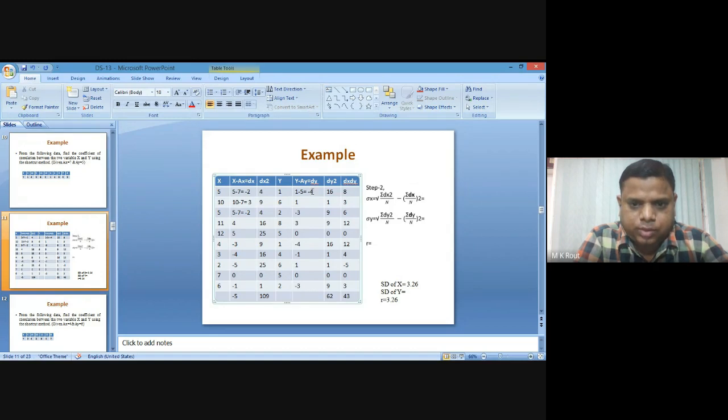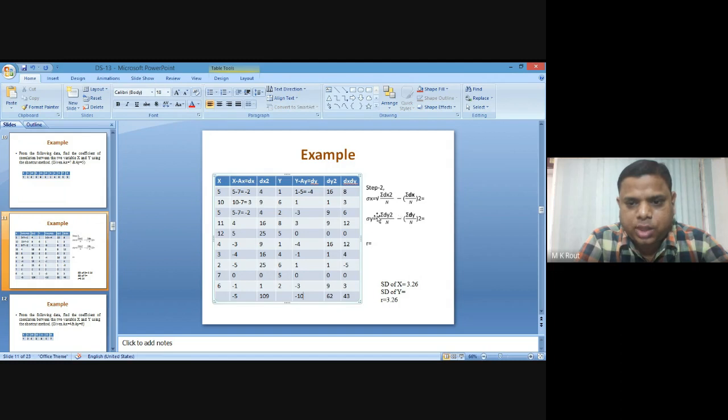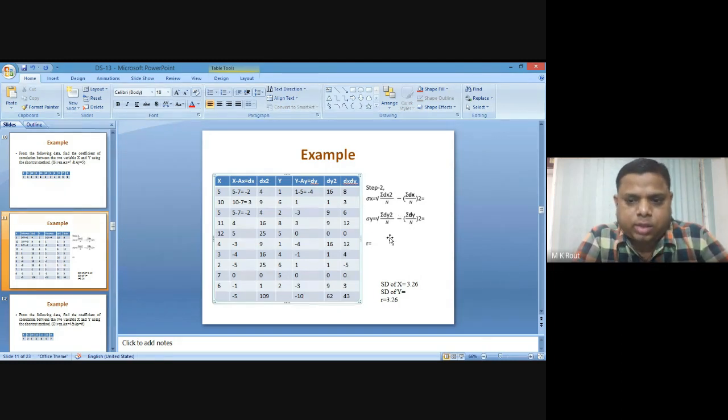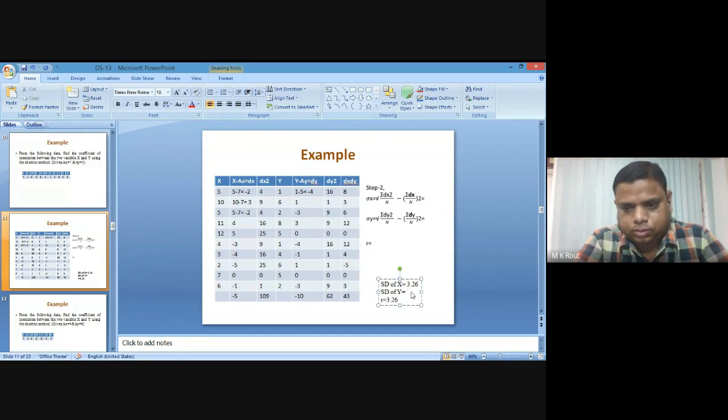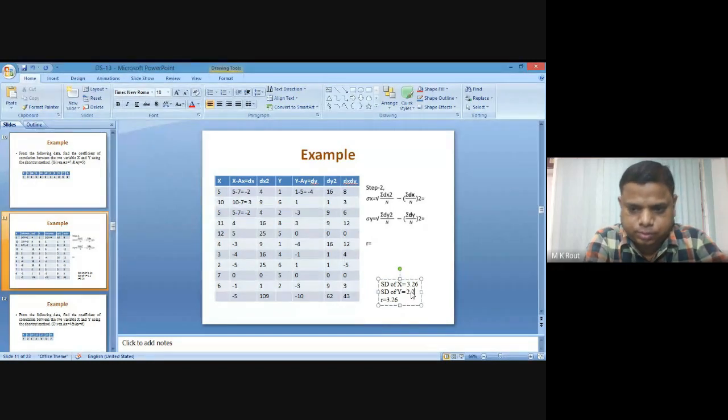The fifth column, minus 10. If you apply the formula, under the square root, summation of dy square, that is 62, divided by 10, minus minus 10 divided by 10 square. So what is the answer for standard deviation? 2.28.